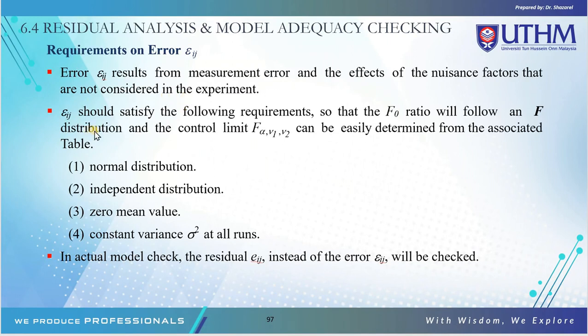And in order to make sure that the F ratio follows the F distribution with the control limit, given that we have already learned how to compute the critical value in hypothesis testing, the error should satisfy the following requirements: it is normally distributed, independent, and the mean is 0 and the variance is constant.